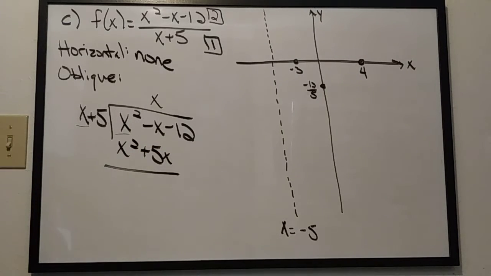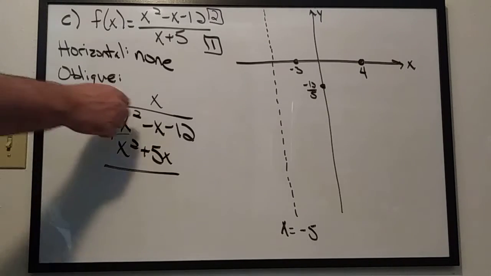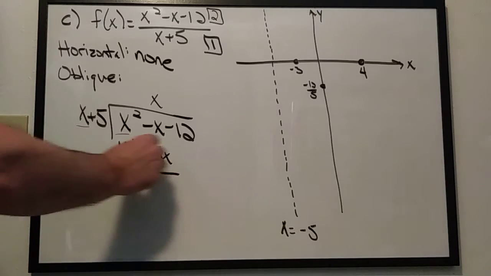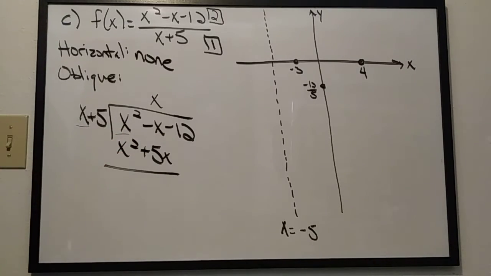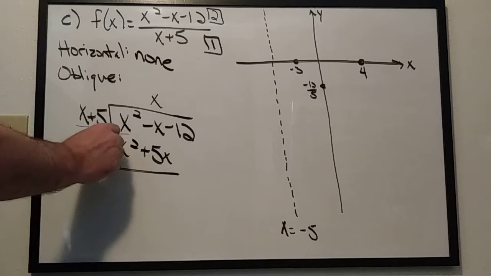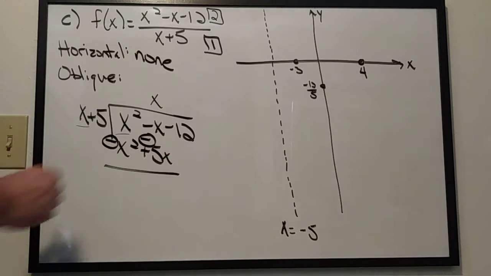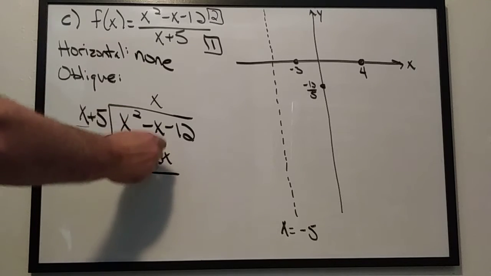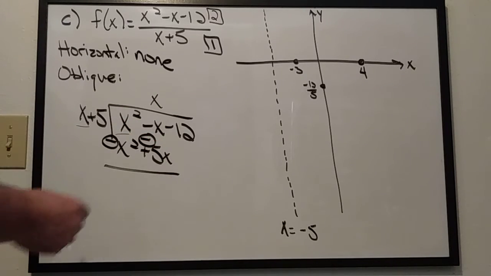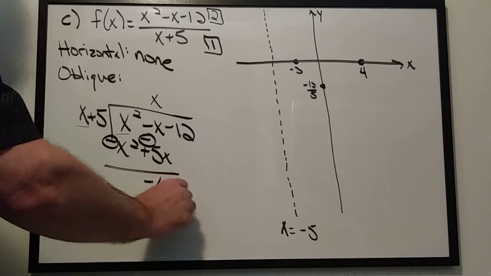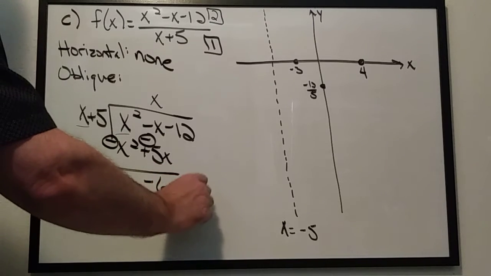Once again, the safest way to move forward then when you're subtracting these polynomials is to change every sign on that second polynomial. So positive x squared becomes negative, positive 5x becomes negative. The x squareds cancel, and we have negative x plus a negative 5x. That's going to be negative 6x. Bring down the negative 12.